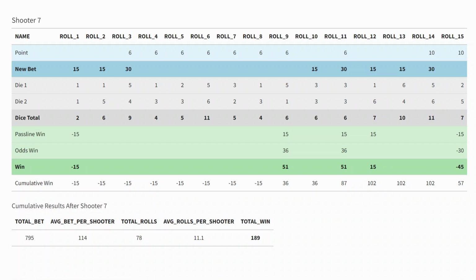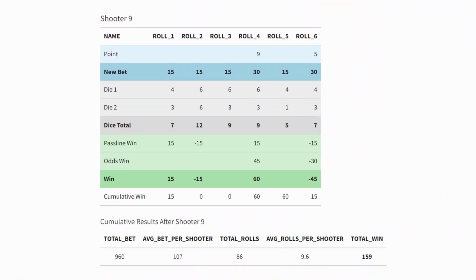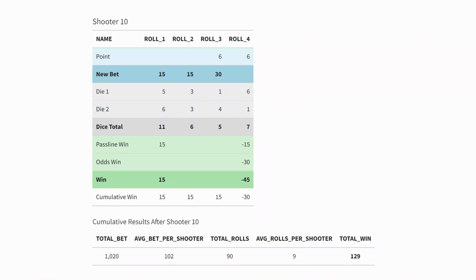That's pretty decent shooter. Shooter 8 is a 7 out. And shooter 9 hits natural, hits craps, hits a point, and then 7's out. So they won $15 there. And shooter 10, they hit the 11 and then set a point of 6 and 7'd out.